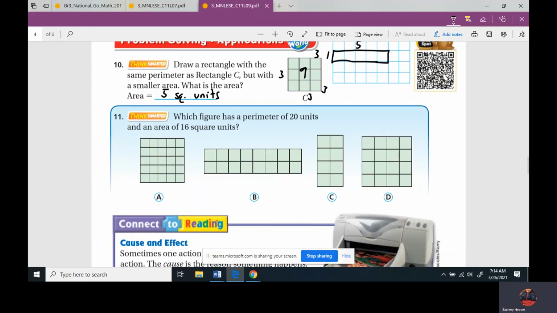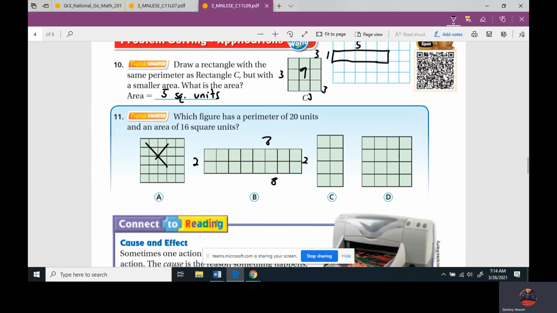Next one says, what figure has a perimeter of 20 units and an area of 16 square units? Well, we can go through and cross this one off. Look how many squares that is. We know for a fact there's more than 16 in there. This one, we have 2 on the sides. Across the top, 1, 2, 3, 4, 5, 6, 7, 8. So 8 plus 8 is 16. 17, 18, 19, 20.